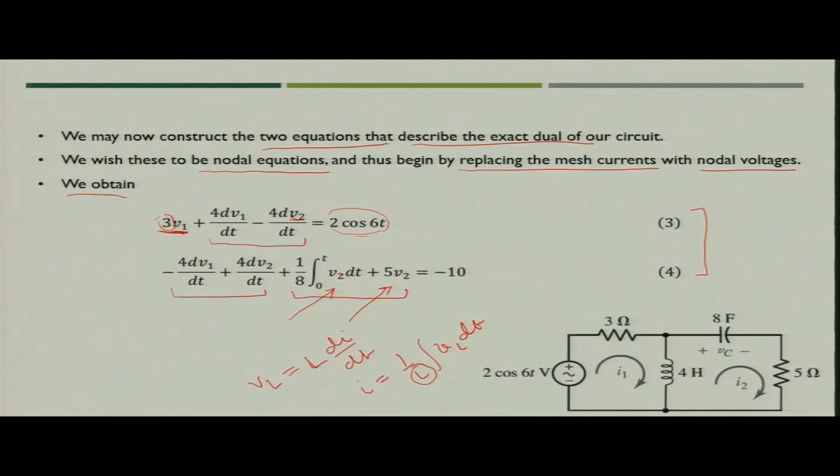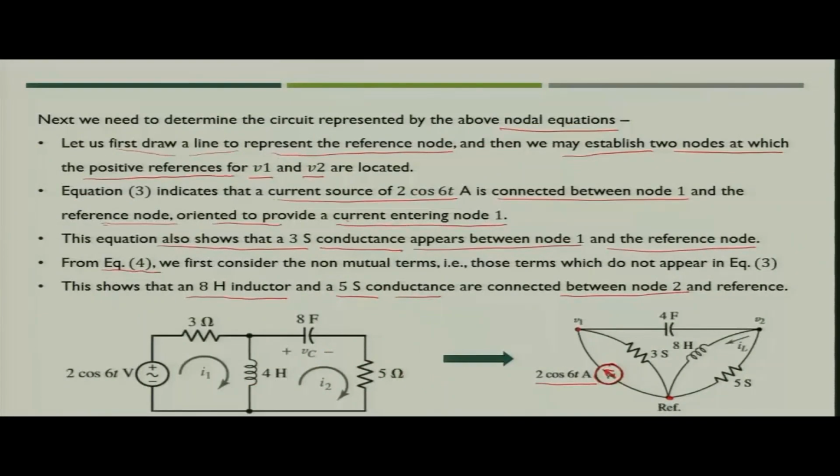So, this will now become the inductance and this will again be the conductance as we saw in equation 3. These two are only connected to node 2, so they come in parallel: 5 Siemens conductance and 8 Henry inductance. So, we got 1, 2, 3 and 4 elements of the circuit.